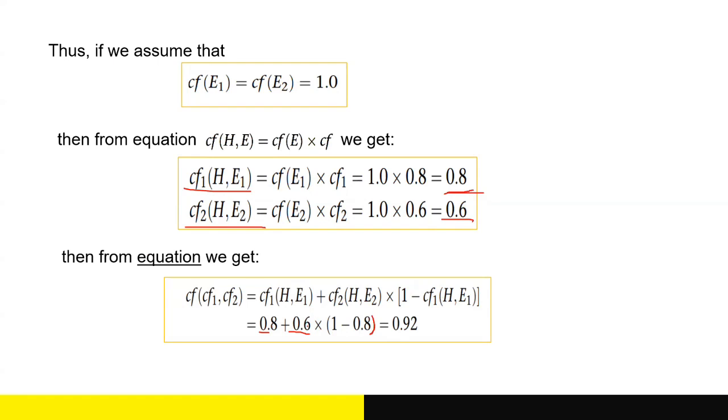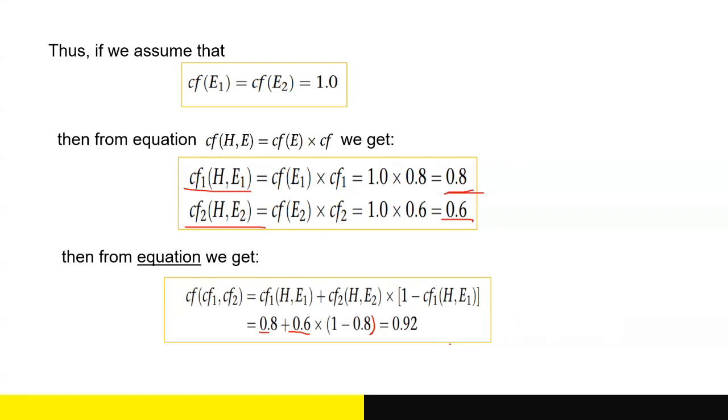So 0.8 plus 0.6 multiplied by 1 minus 0.8. So the certainty factor of the combined evidence is equal to 0.92.